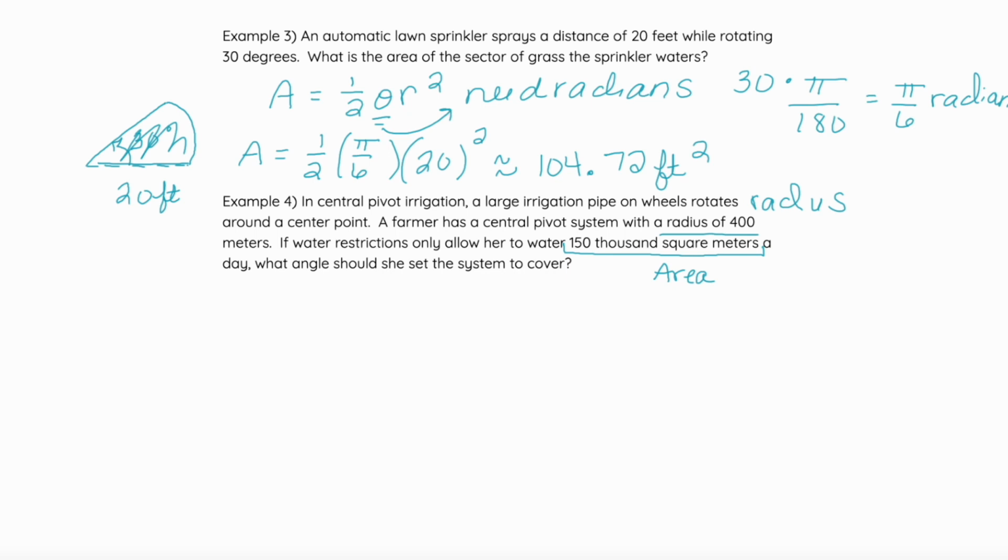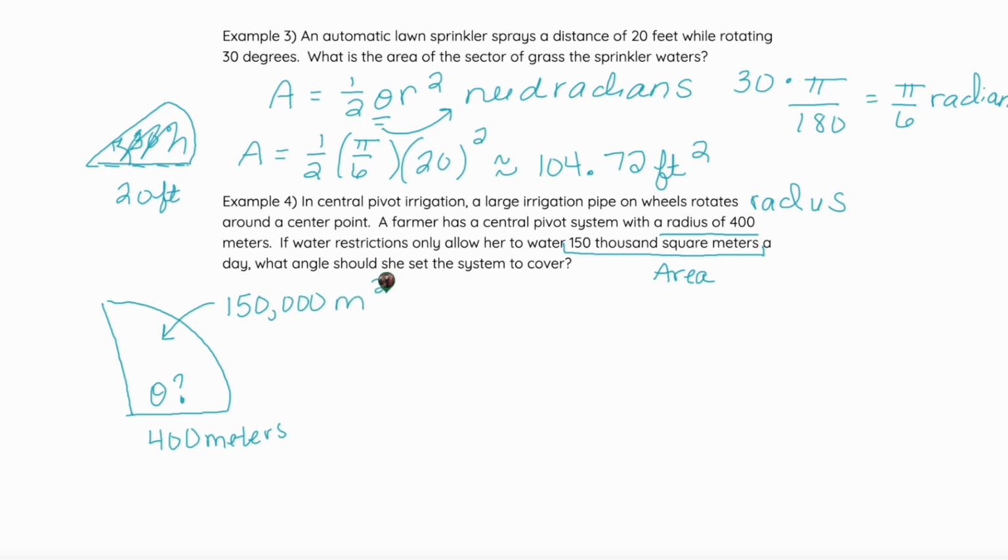So if I think about our initial side, we know that this sprinkler is going 400 meters. We'll just kind of guess here. We need to know what our degree value, what our radians are, when we know that the total area that it's covering inside here is 150,000 square meters.